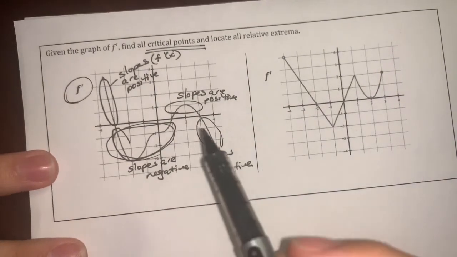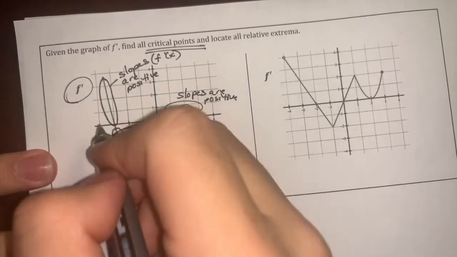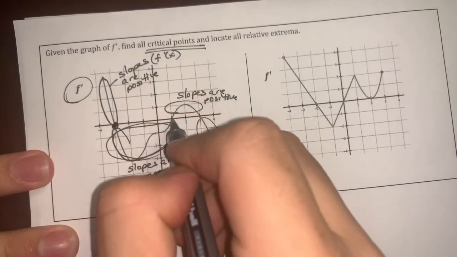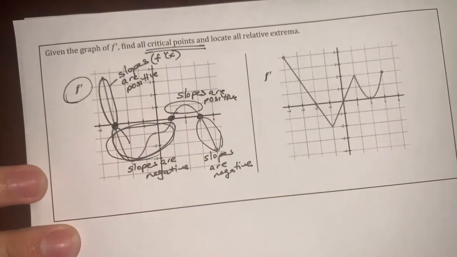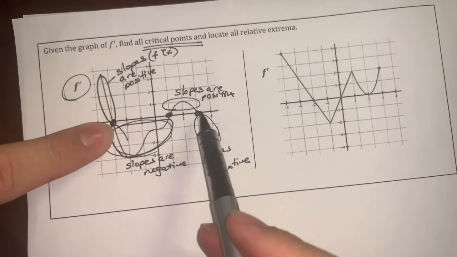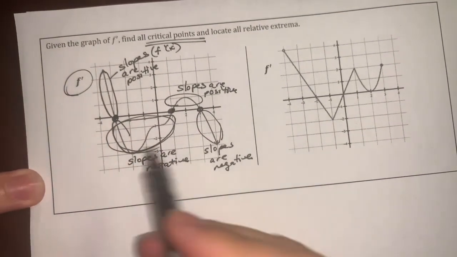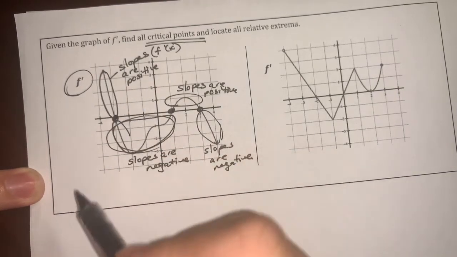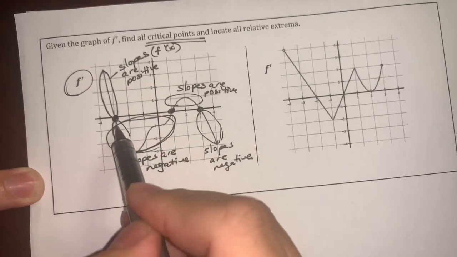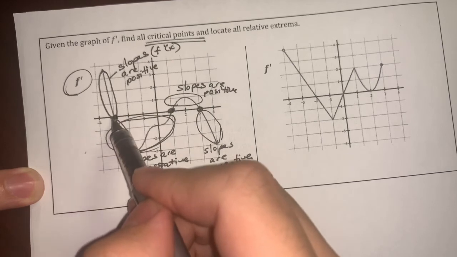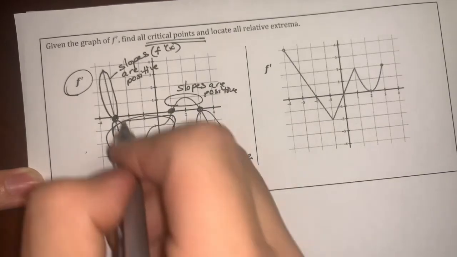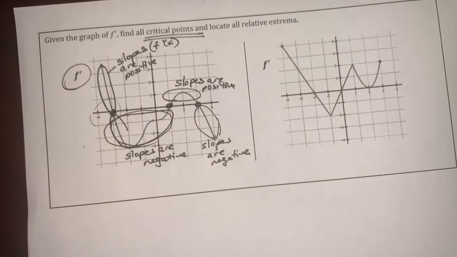So that's pretty much telling. And you'll notice your critical points are going to be wherever it crosses the x-axis. So from here, you're going to be able to determine where you have relative minimums and maximums. So right here, if we're going from positive slopes to negative slopes, that means that we have a relative maximum at that point.